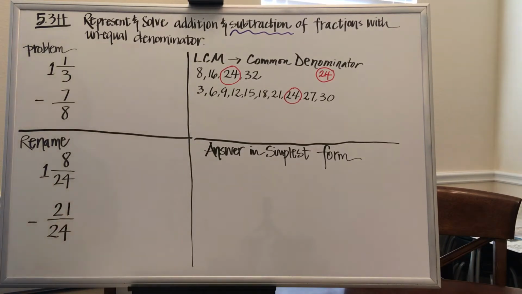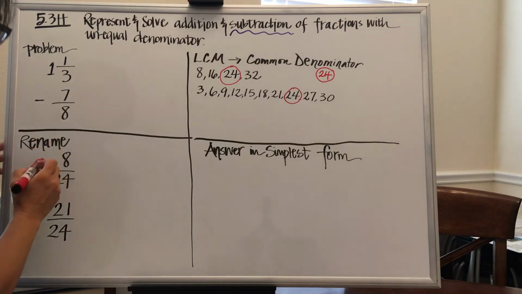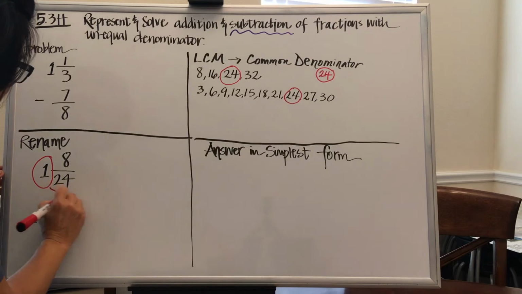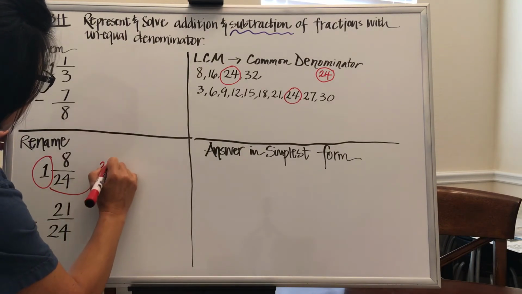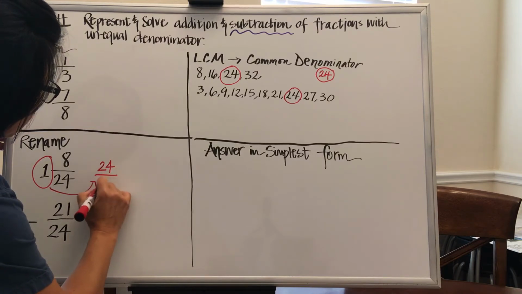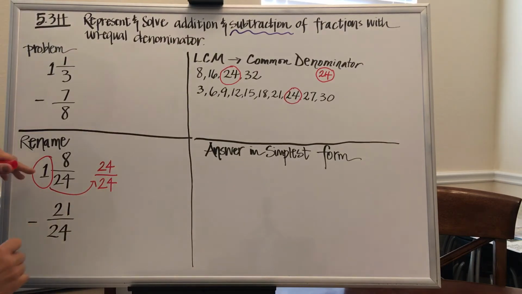Now this time I have a problem. I have an 8. I cannot subtract 21. So therefore I need to break up this whole number into fraction form. So this whole number, when I turn it into fraction form, I can represent it as 24 over 24 instead of writing it as 1.